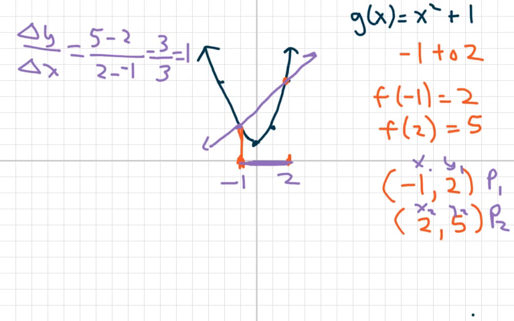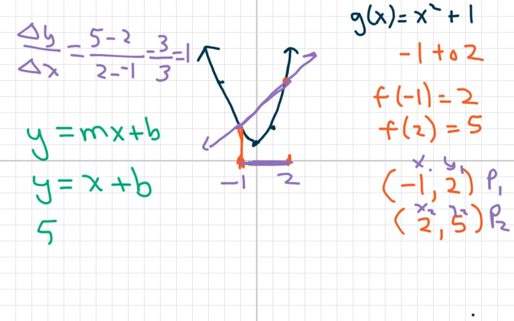Now I'm trying to get the equation of the line, so I know it's a line. I'm going to write y equals mx plus b. My slope is 1, so 1 times x is just x plus b, and I'm going to plug in one of these points. I think I'll plug in this one, because I don't have to deal with the negatives. That's just me.